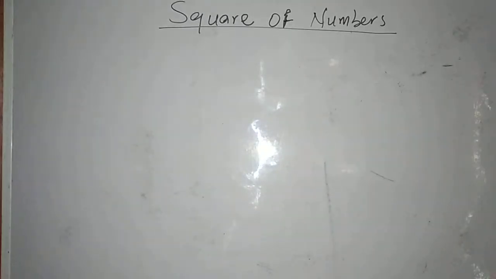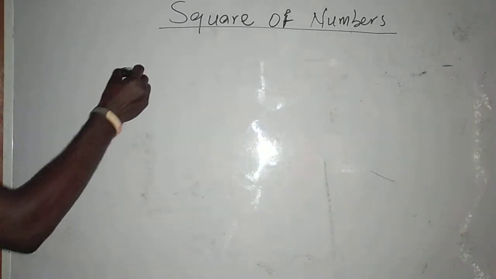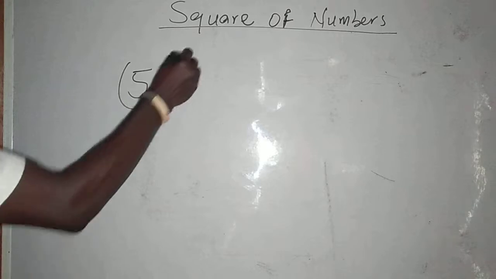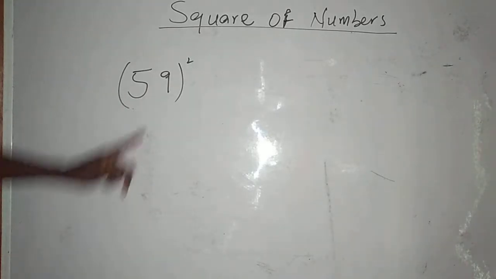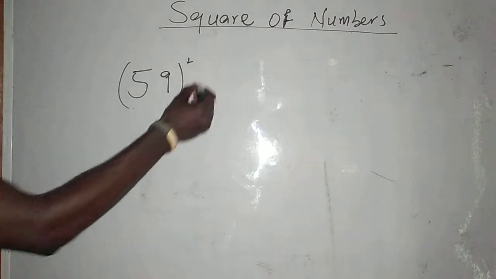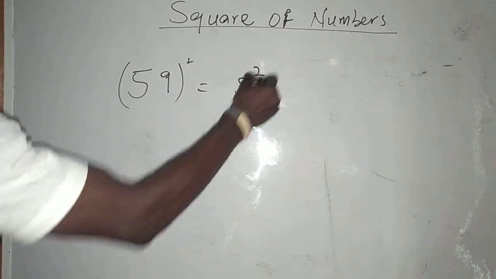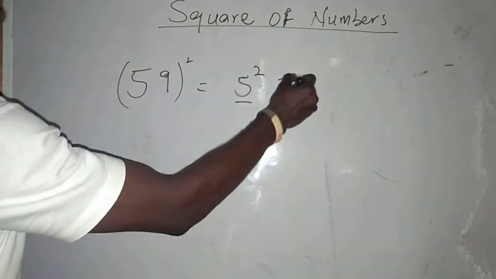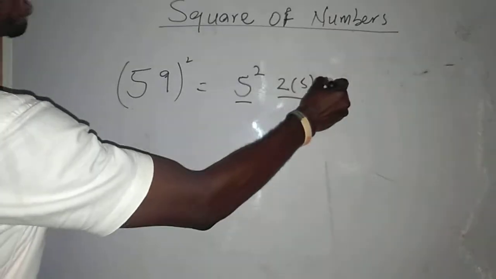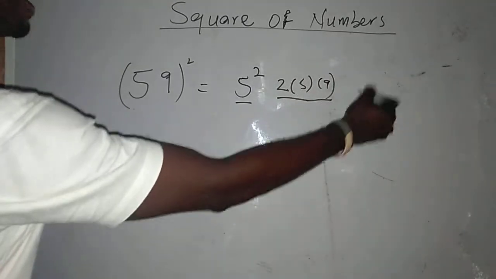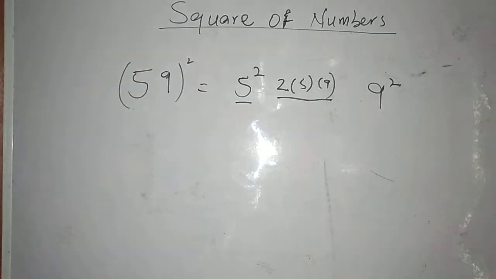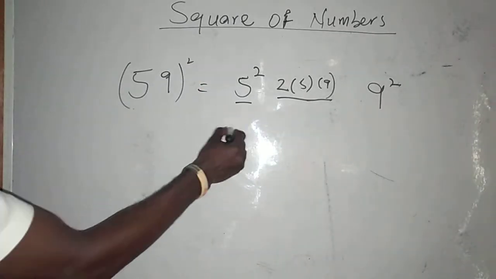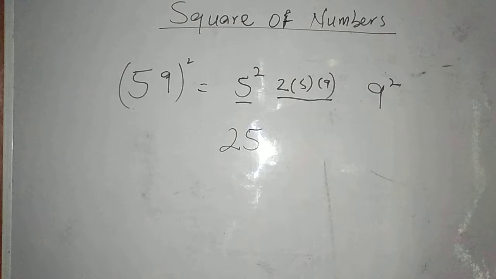If I have a number like 59 squared, it means my A is 5, my B is 9, which is 5 squared, first term. The second term is 2 times 5 times 9. The last term will be 9 squared. This one will be 25.